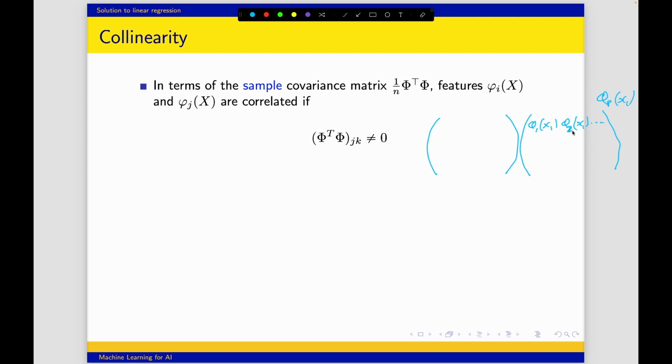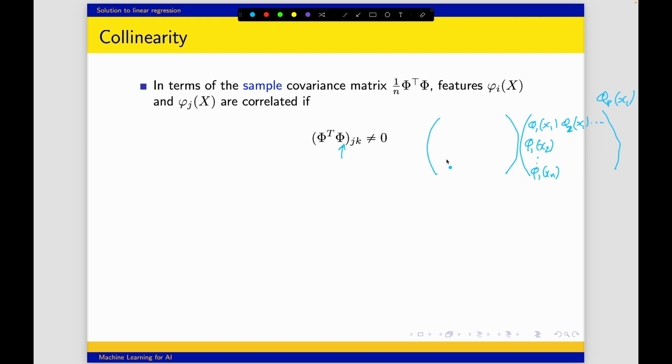And here we're going to have psi 1 at x2 down to psi 1 at xn. And this is the transpose. So this is phi.